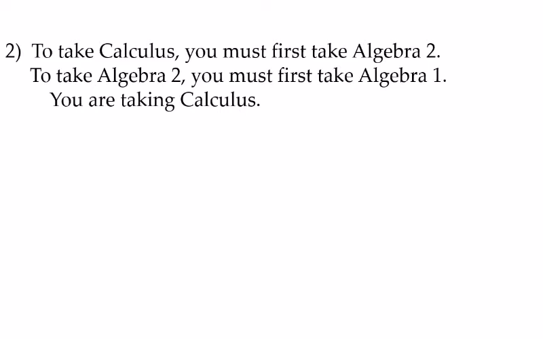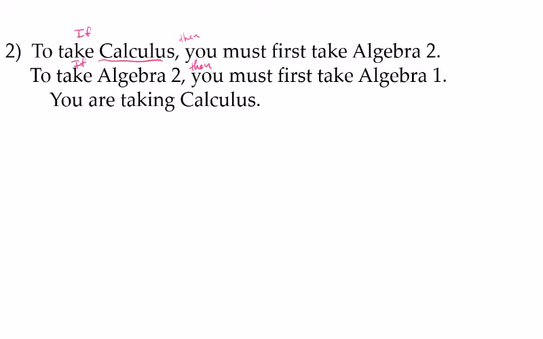In other words, let's make this into a more structured conditional. If you take calculus, then you must take algebra 2. Or if you are taking calculus, then you must have taken algebra 2, right? If you've taken algebra 2, then you must take algebra 1, right?